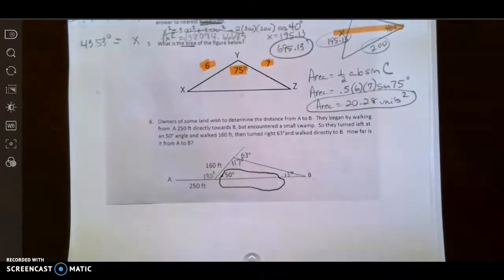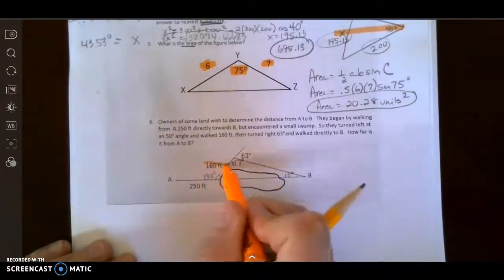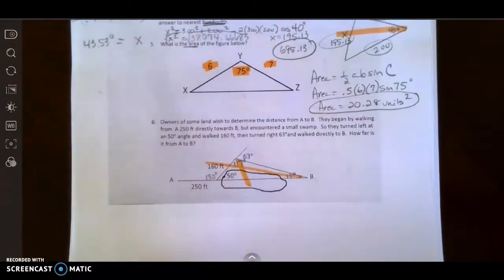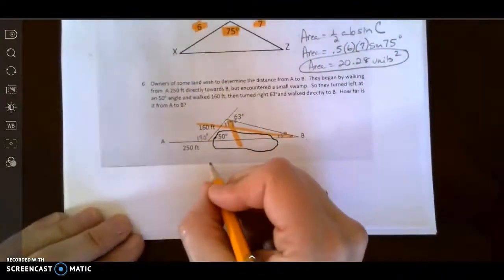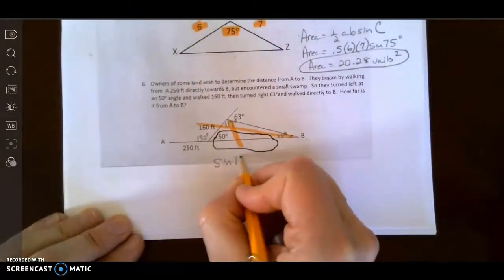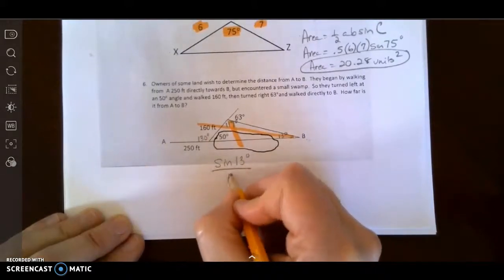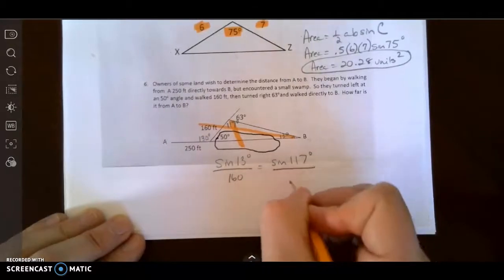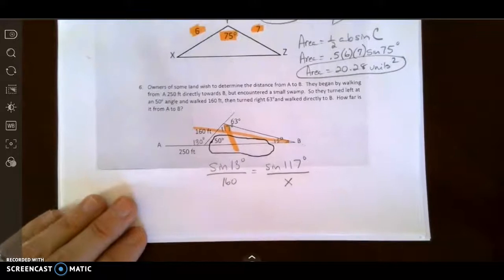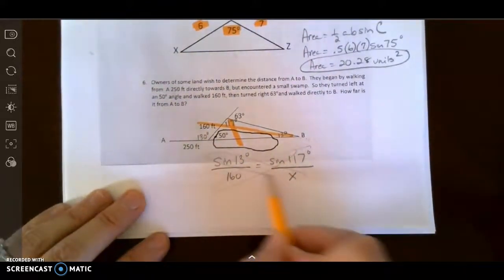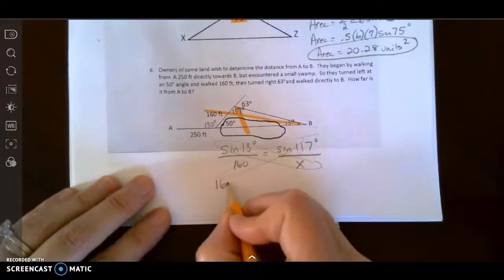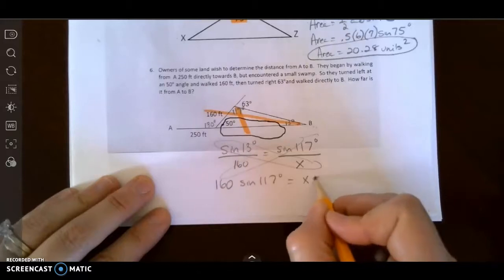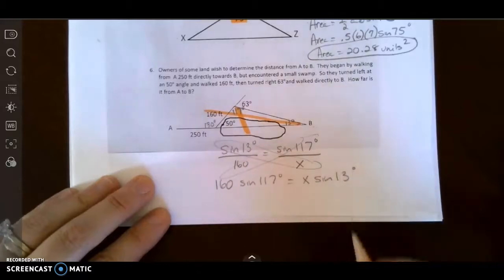And I can use law of sines because I have all three angles, because I know this information and I need this one. So I've got sine of 13 degrees divided by the side across from it, 160, equals sine of 117 divided by the side across from it. So I cross multiply, and I get 160 times the sine of 117 equals x times the sine of 13.